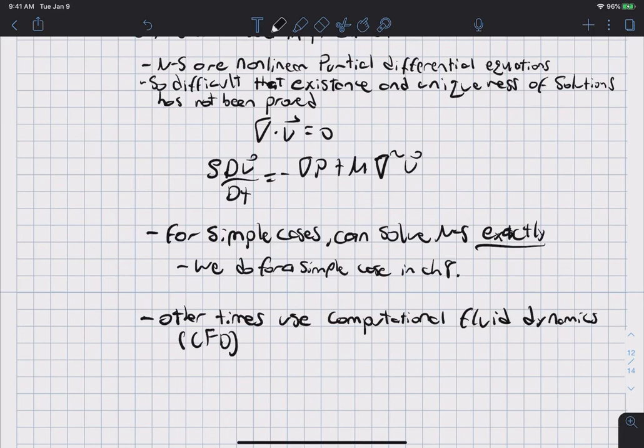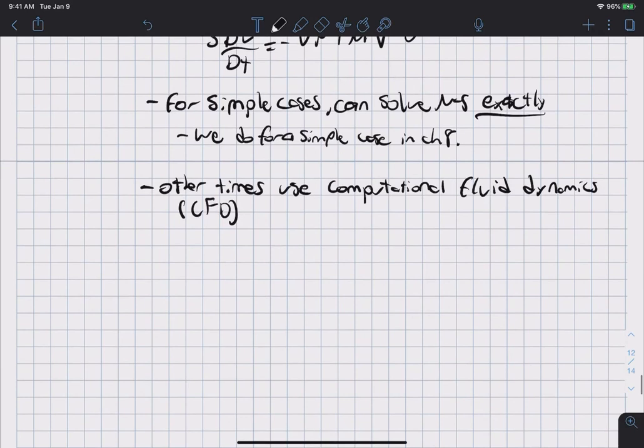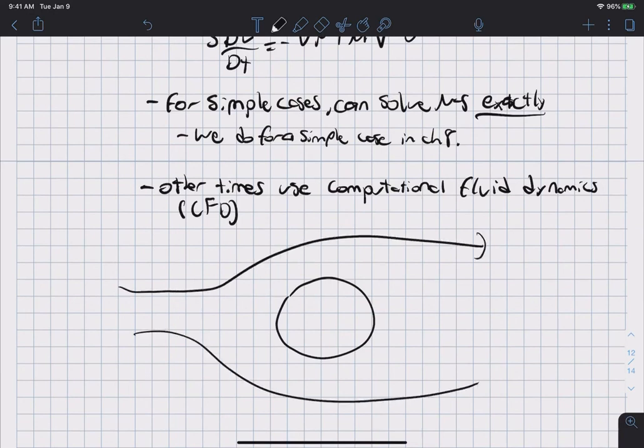And there are two basic approaches. With CFD, say you have a complicated flow, and you want to study how the flow goes over and around, I don't know, this circle here. There's going to be a very complicated flow pattern.